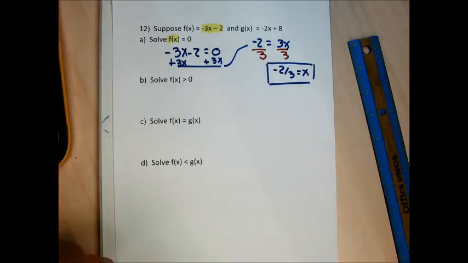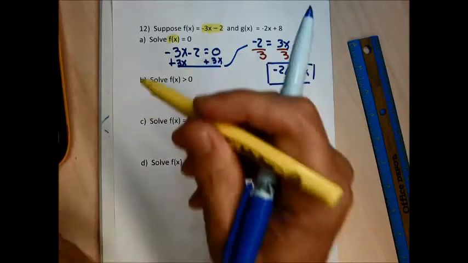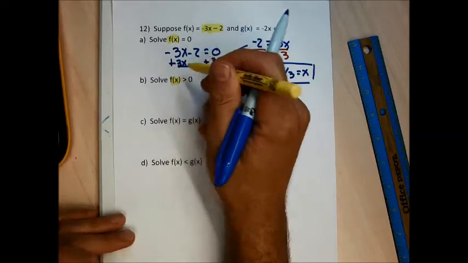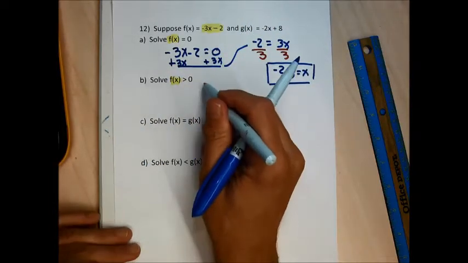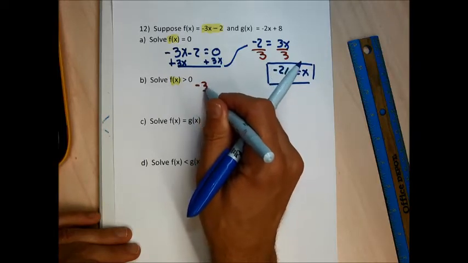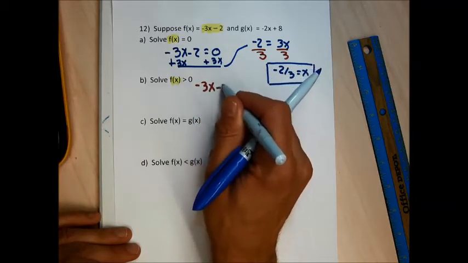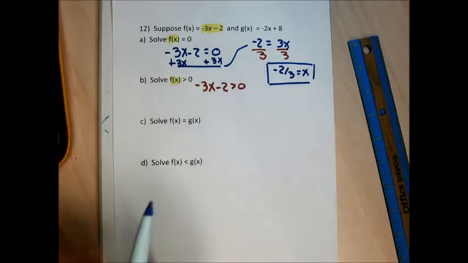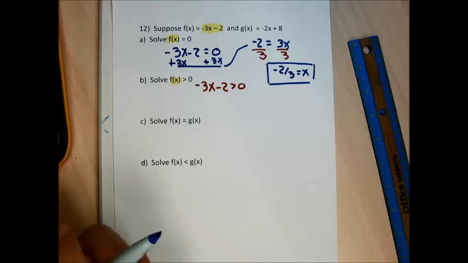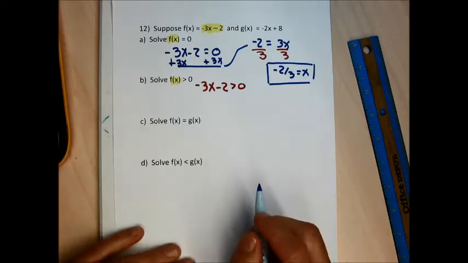For part B, I'm going to do essentially the same thing. I'm going to replace the f of x with negative 3x minus 2, and I'm going to solve for x. I'll do this in a different color just to separate the problems. So I'm going to solve minus 3x minus 2 is greater than 0. When you're dealing with less than or greater than signs, there could be a need to switch the direction of the inequality.